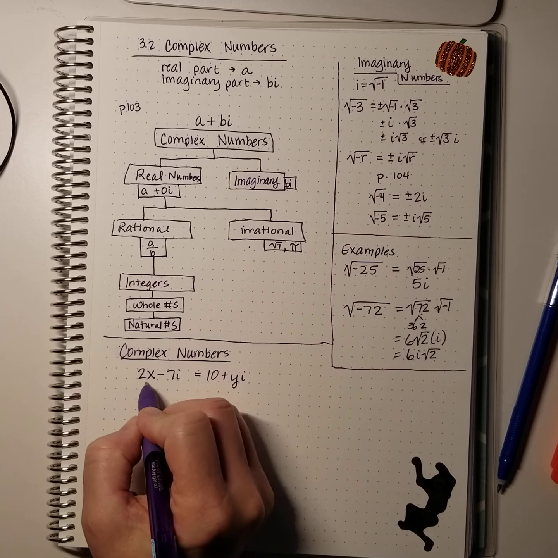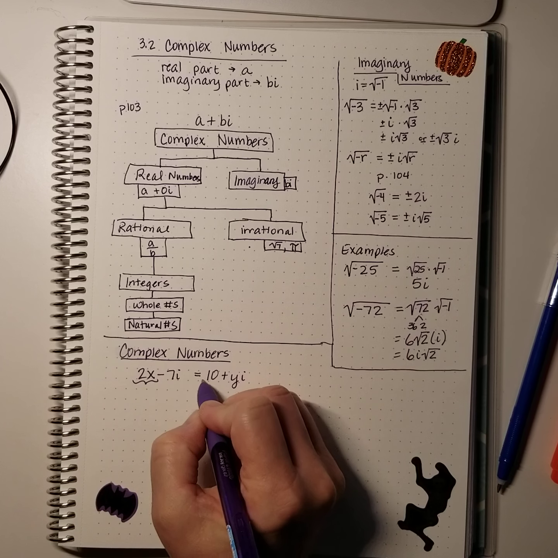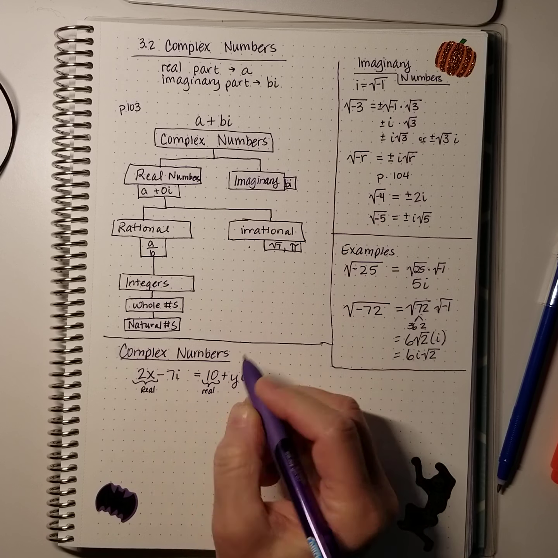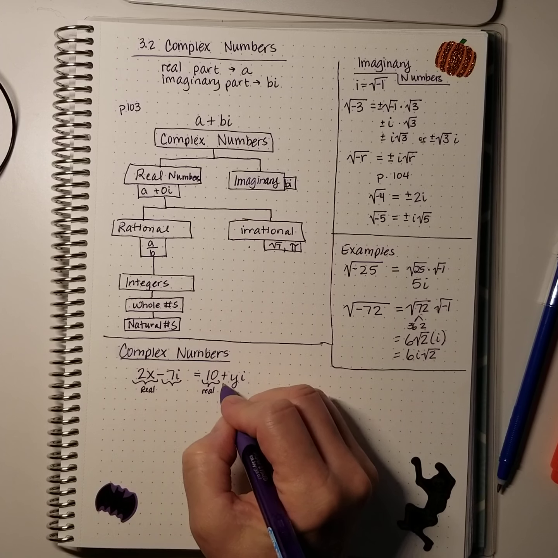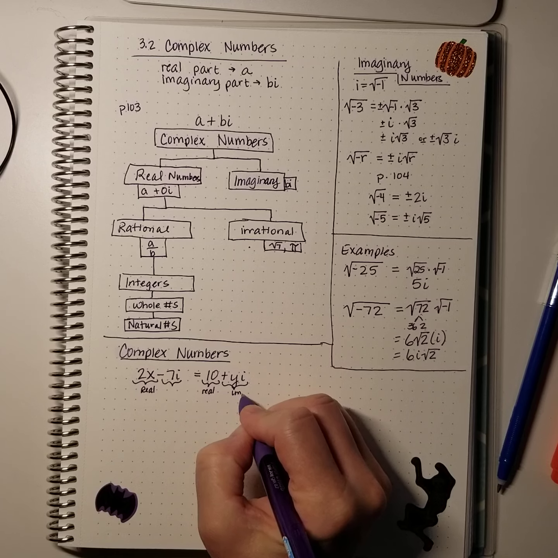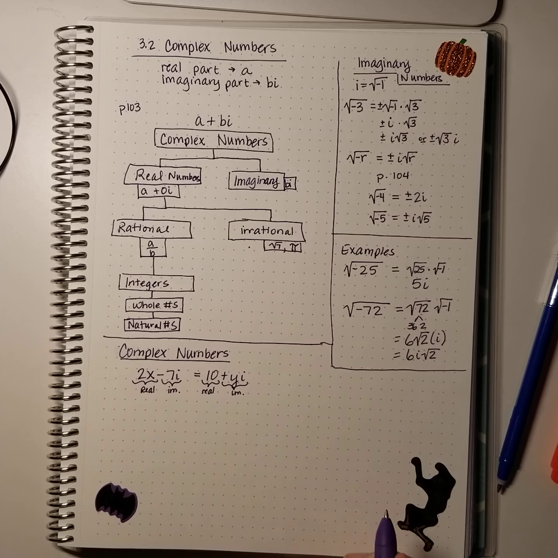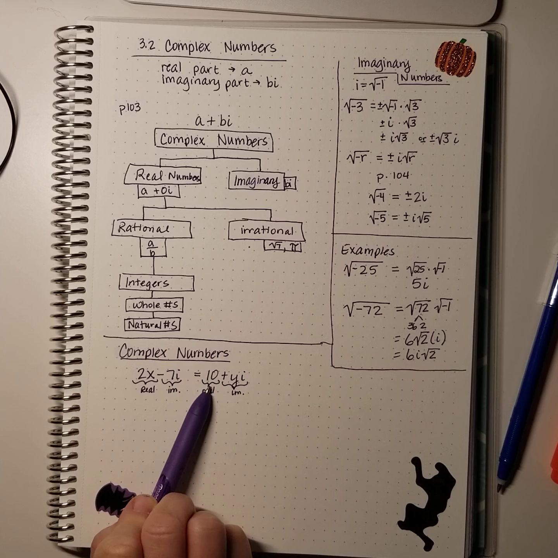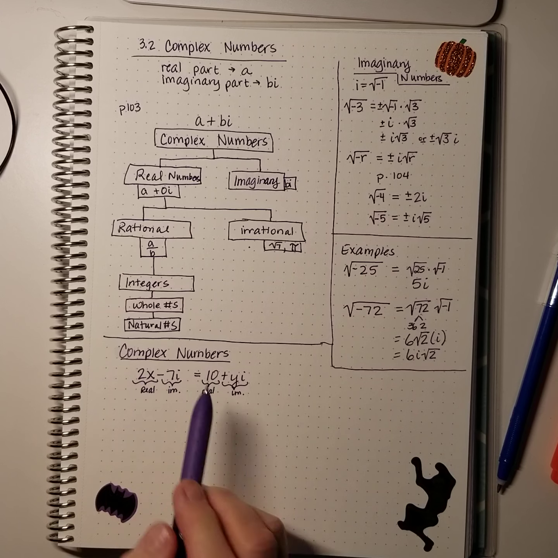So the real parts are this part, and the imaginary parts are the parts with the i's. And I'm just going to abbreviate that with IM, imaginary. Okay, so we set the real parts equal to each other, so that's 2x equals 10.